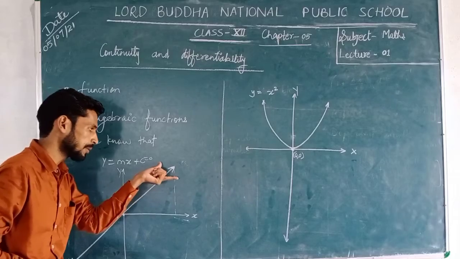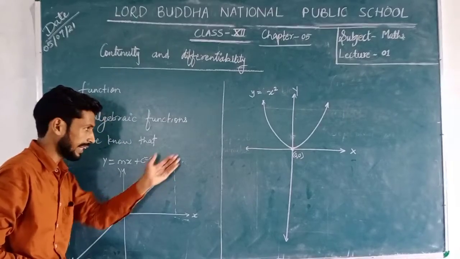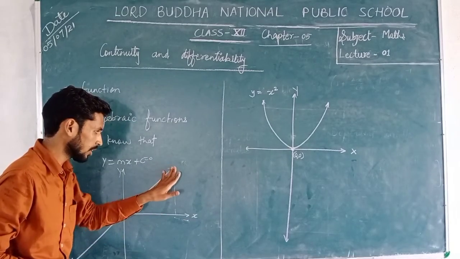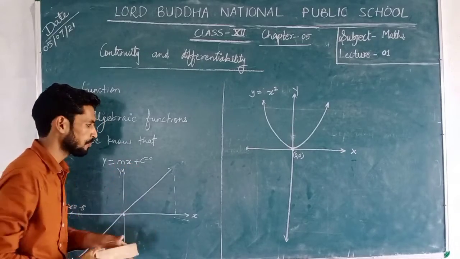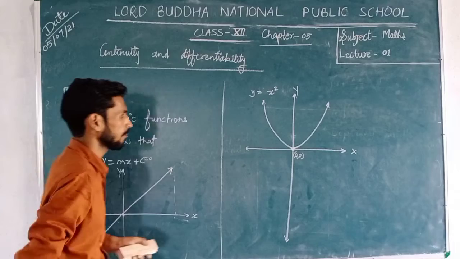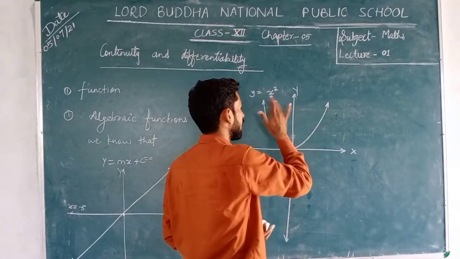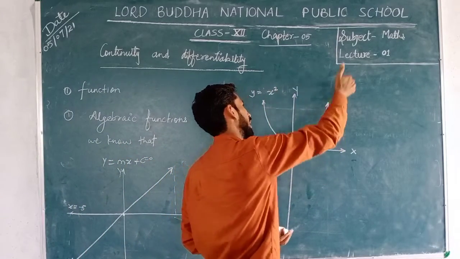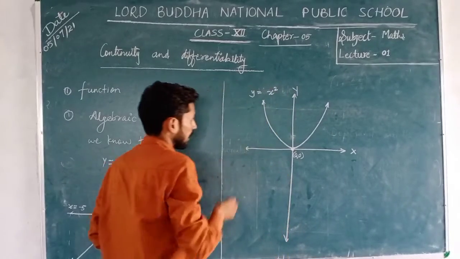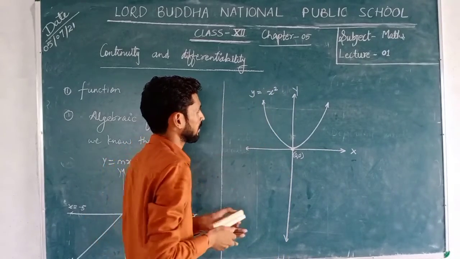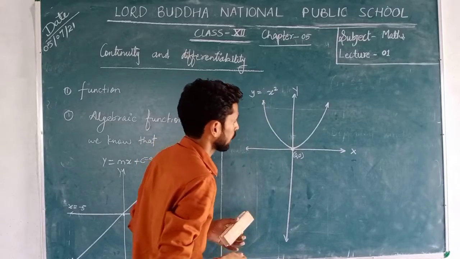That means if there is an arrow, then there is no limit. If there is not any arrow, that means this graph is bounded. Clear? So we know that if we take an arrow here, then this graph can be extended. Now this is the graph of an algebraic function, that will be the quadratic.